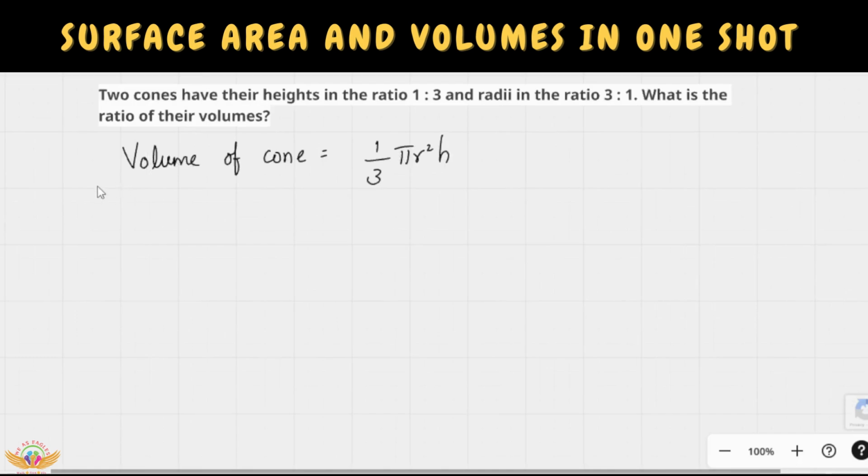They told two cones. So now I'm taking the ratio of the volumes. Before that they gave the ratio of the radius. So I'm taking the first cone as V1 and the second cone as V2. And the radius of the first cone as R1 and the radius of the second cone I'm taking as R2. So R1 by R2 they have given us 3 by 1, that is 3:1. Done.